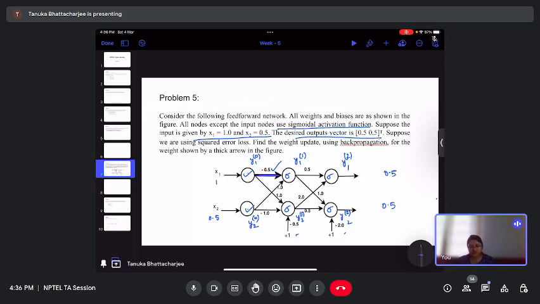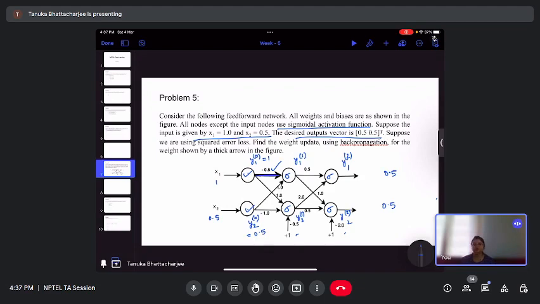Here your y10 and y20 are basically the same as your x1 and x2, because only those are connected through it. So your y10 becomes 1, which is equal to x1, and your y20 becomes equal to x2, which is 0.5. Now you move on to the next layer.